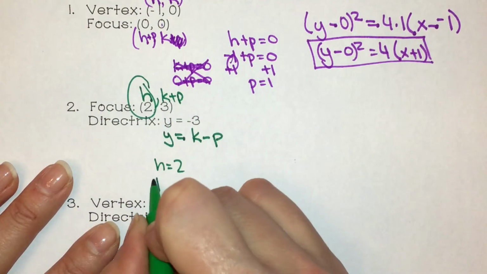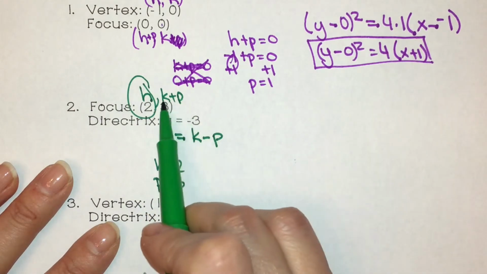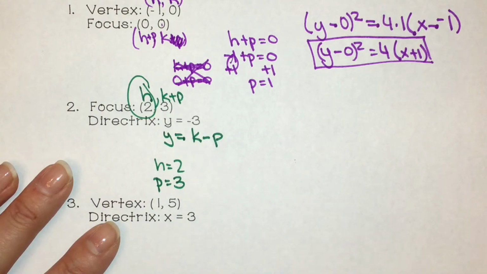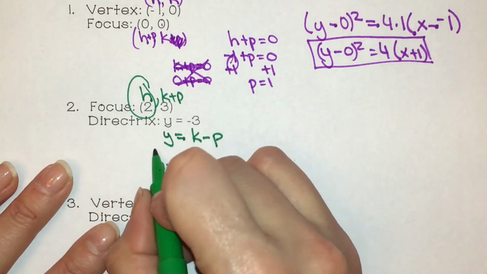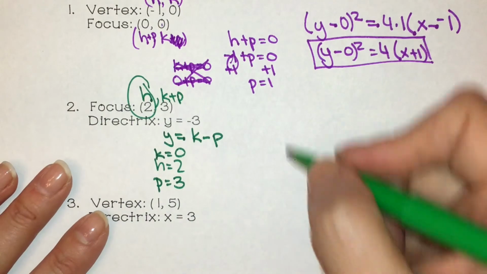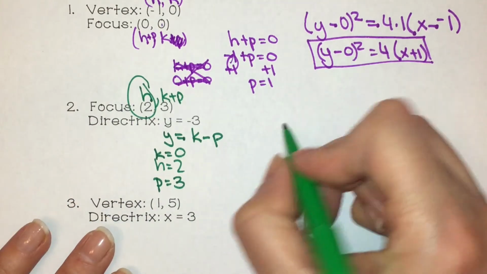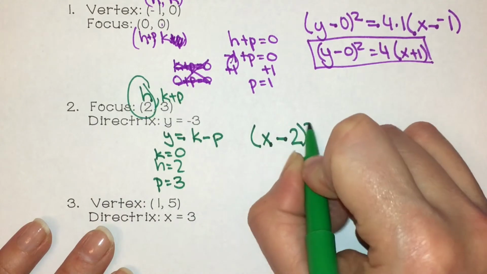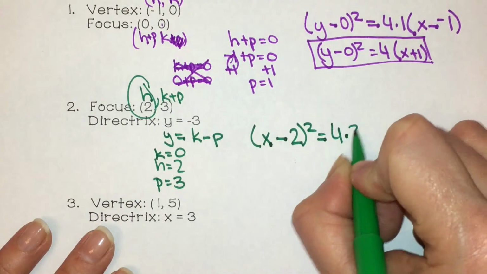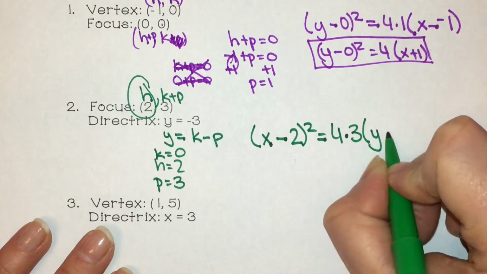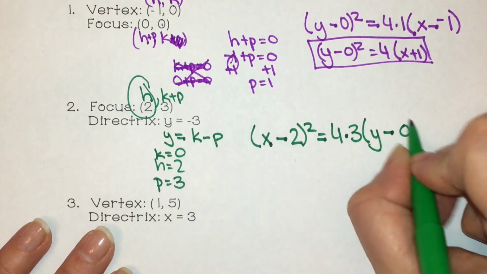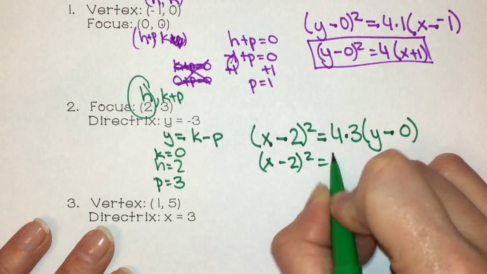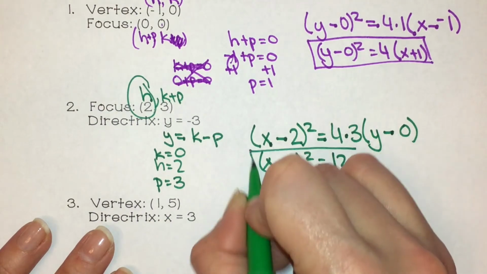We know that p will equal 3 because some number plus p equals 3 and some number minus p equals negative 3. That means that k equals 0. So we have (x minus h, which is 2) squared equals 4 times my p value of 3 multiplied by (y minus the k value of 0). Simplifies to (x minus 2) squared equals 12 times y.